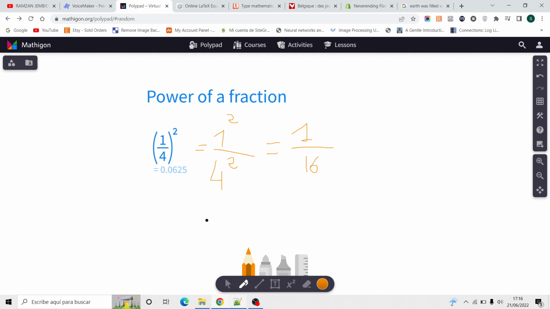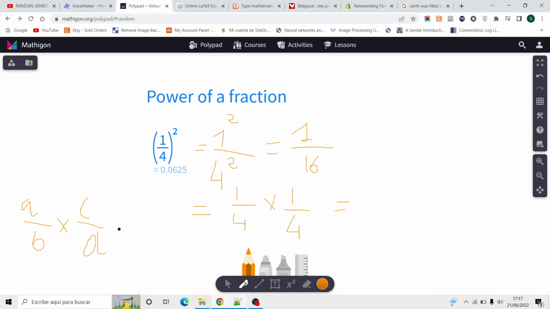So in the same way, you could have just multiplied 1/4 by itself. So 1/4 times 1/4. And then, because of the property of fraction, when you multiply a fraction, you have a over b times c over d, okay, with b and d different from 0.